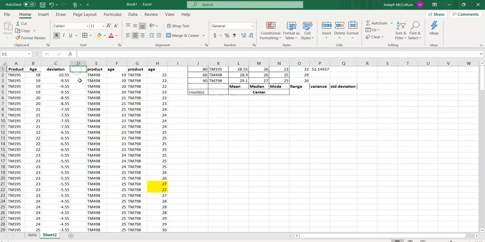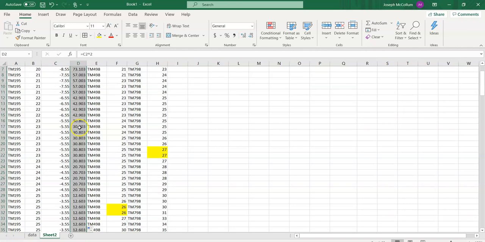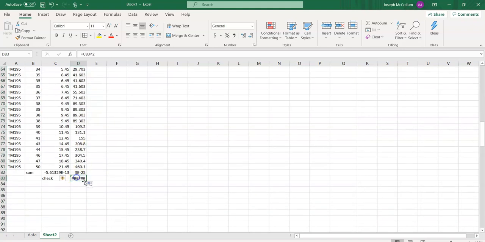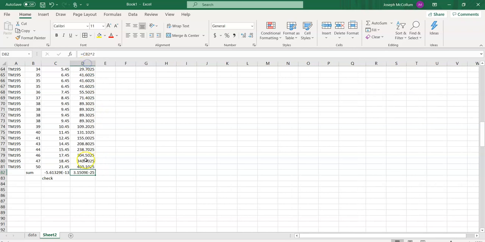So what we do is we now square the deviation. Deviation squared. All right, that's no big deal. If we have the deviation, I can use the caret symbol and square it. Now you may say, why would you square it? Well, to get rid of the negative positive issue. Now it's always completely positive when we add these up.